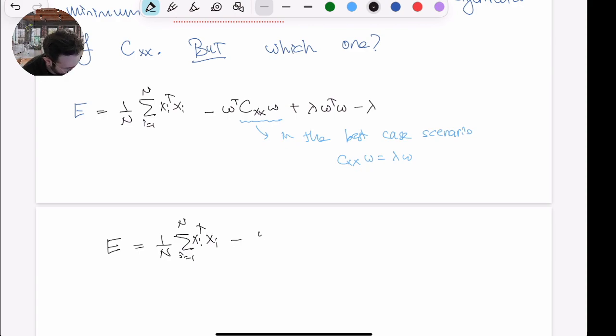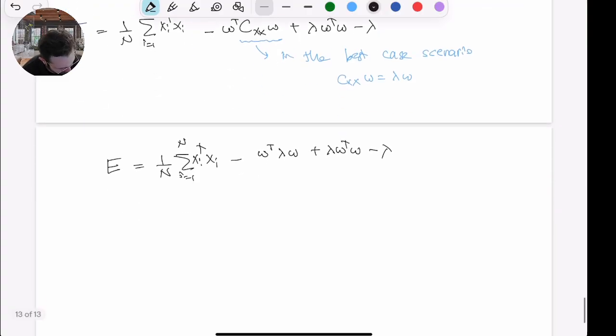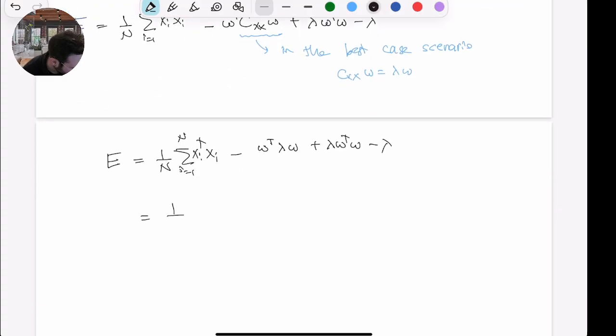Minus w transpose, instead of C_XX w, I can write lambda w, plus lambda w transpose w minus lambda. So my error then becomes 1 over n, this term that's always going to be there, x(i) transpose x(i), and these guys are going to nicely cancel each other. So I'm going to get minus lambda.